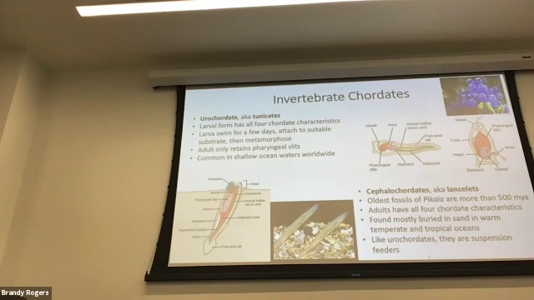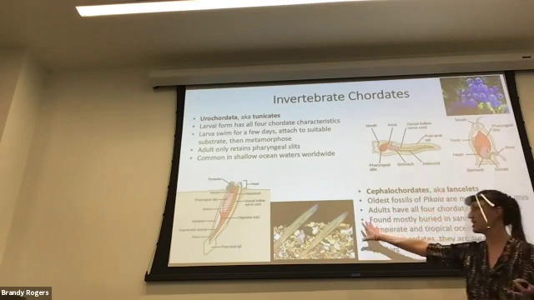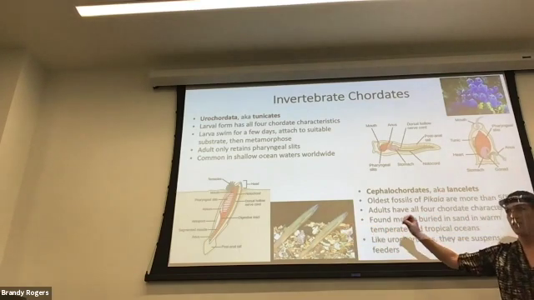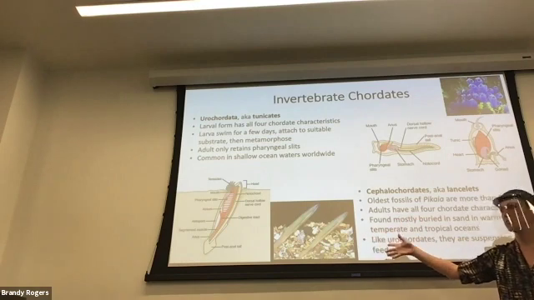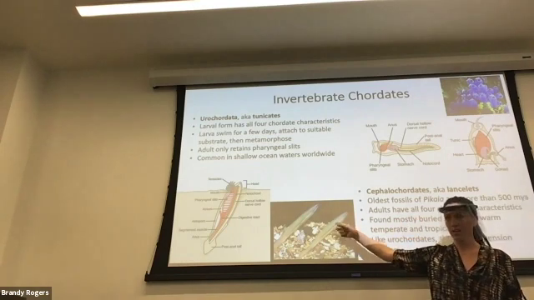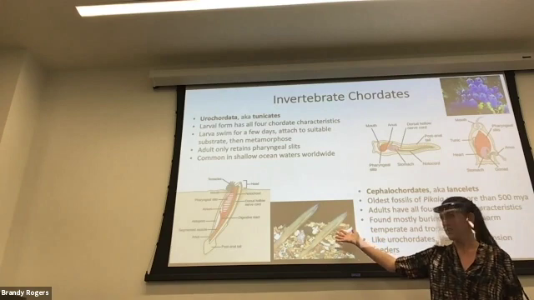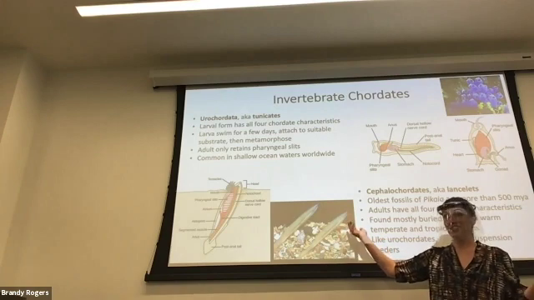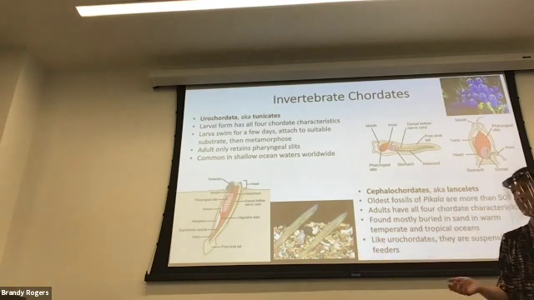The other group of invertebrate chordates are the cephalochordates, or the lancelets. So these guys are starting, at the very least, to take on an appearance that's recognizable as a vertebrate. They kind of look like what, do you guys think? Fish. It's kind of like a minnow, right?